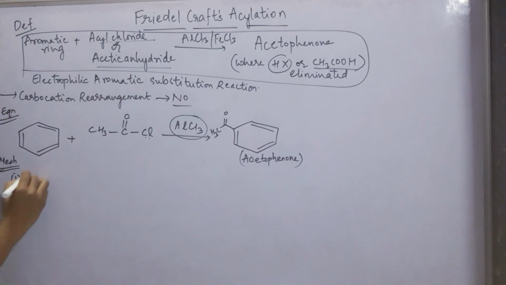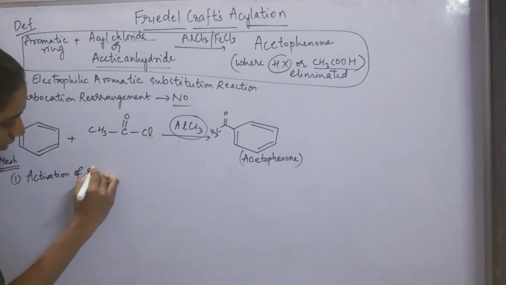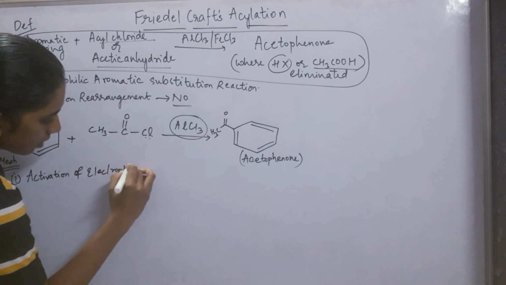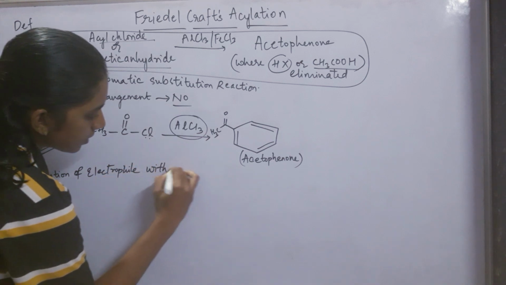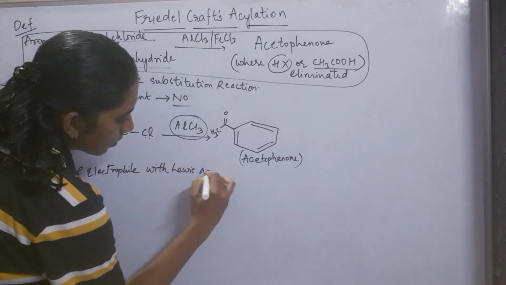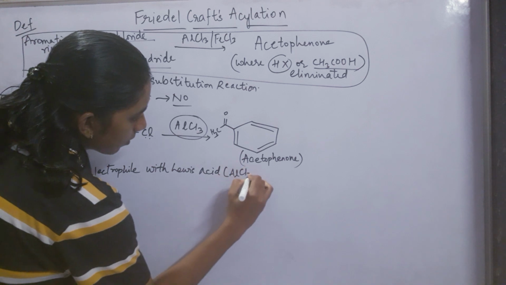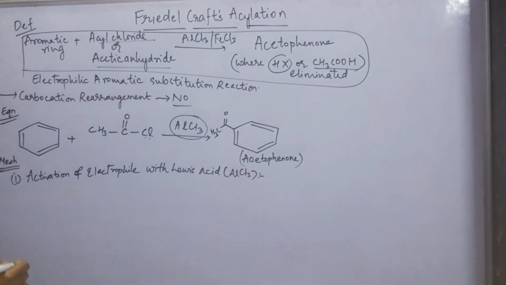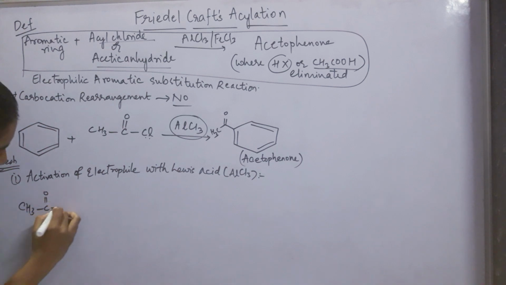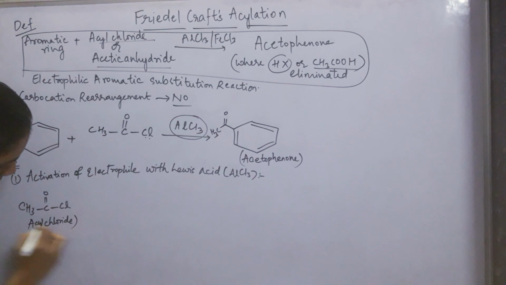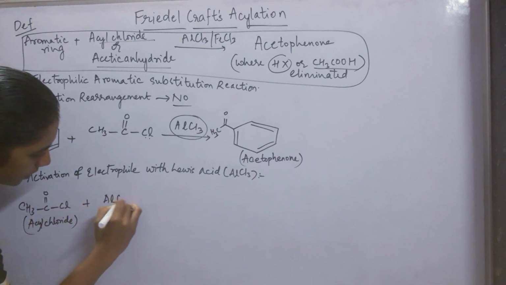First step in mechanism is the activation of electrophile with Lewis acid, that is AlCl3. We'll be taking acyl chloride first, CH3C=O Cl. This is acyl chloride, which is reacting with the Lewis acid AlCl3.